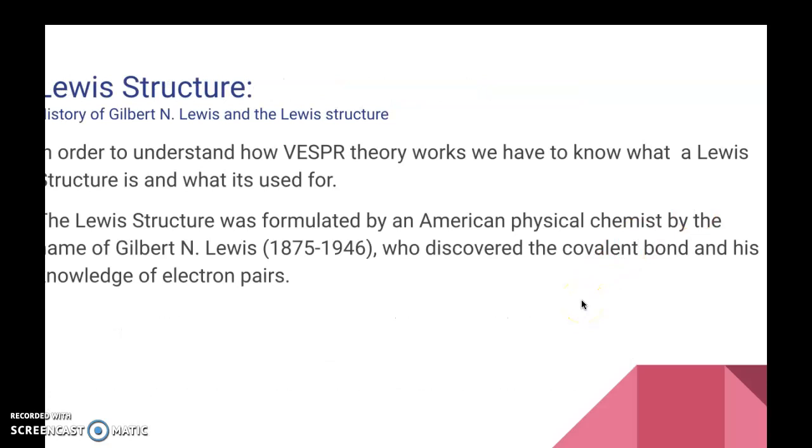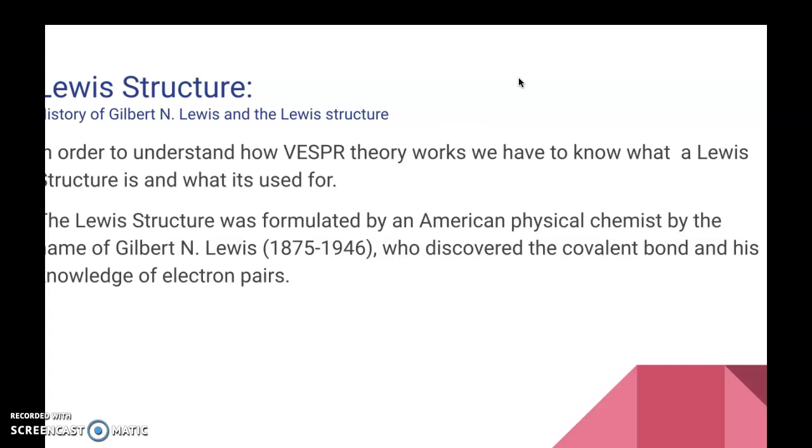So before we get into VSEPR theory and what that is, let's talk about the Lewis structure. The Lewis structure was derived from an American physicist named Gilbert N. Lewis, who also discovered covalent bonds, and he has a huge knowledge of electron pairs.